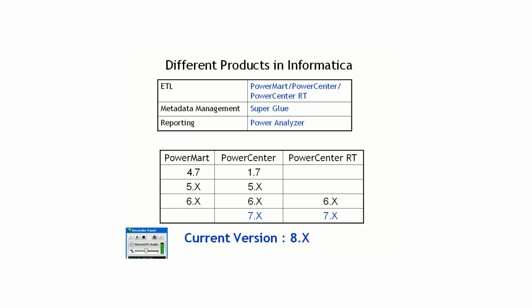In the reporting space, they sell a product called Power Analyzer. The Power Analyzer tool is not much in the market. They couldn't make much market capital in the reporting space. The power of Informatica is in the ETL space.